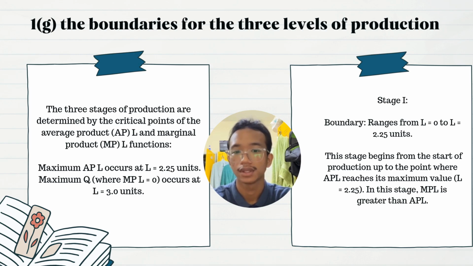In economic terms, it is considered an inefficient stage to stop production. Why? Because the firm's underutilized machines mean that adding more labor will continuously drive up the average productivity of the workers. Therefore, a rational business owner will never stop hiring in stage 1. They will keep pushing through until they cross the boundary of L equal to 2.25, which marks the end of stage 1 and the beginning of stage 2.